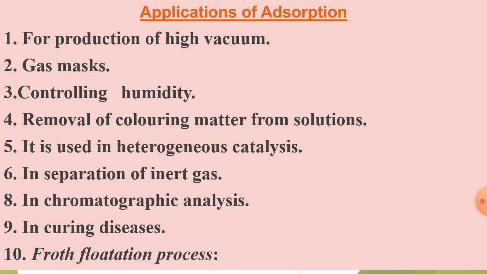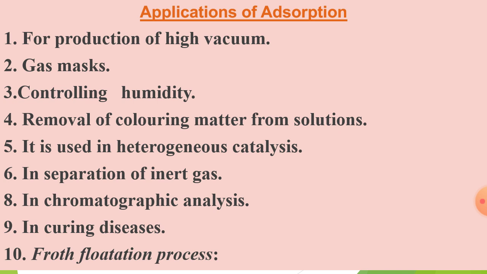Then dear students, one more application, controlling humidity. Humidity means moisture. I have told you also that silica gel is used as an adsorbent for adsorbing water molecules from air.